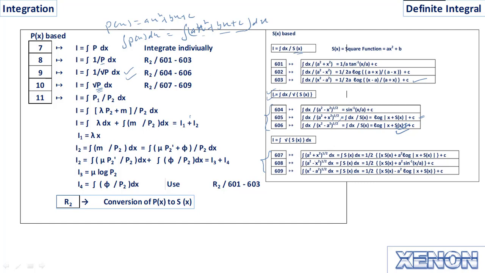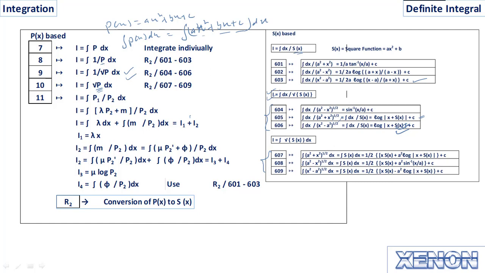section the integration of the form of square root of a square plus x square to the power 1 upon 2 dx equals to 1 upon 2 x square root of Sx plus a square log |x plus Sx| plus c, right?